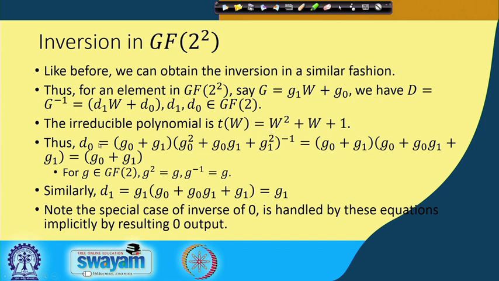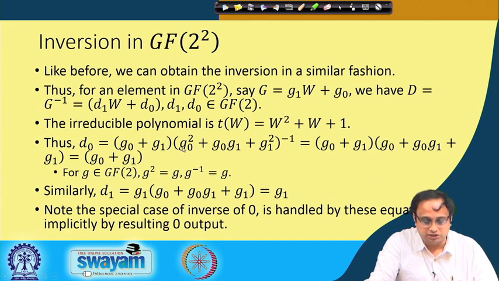So, if I again apply the equations which we have seen in the previous case, essentially nothing changes except the variable names. If you just use the same equations, you get D0 equal to G0 plus G1 into (G0 squared plus G0 G1 plus G1 squared) to the power of minus 1.